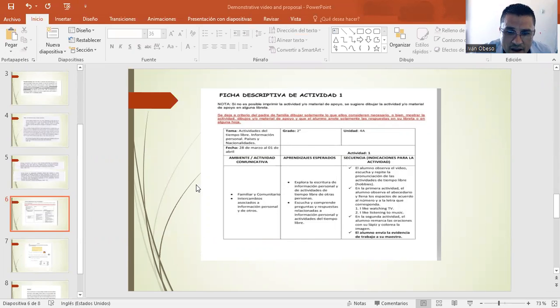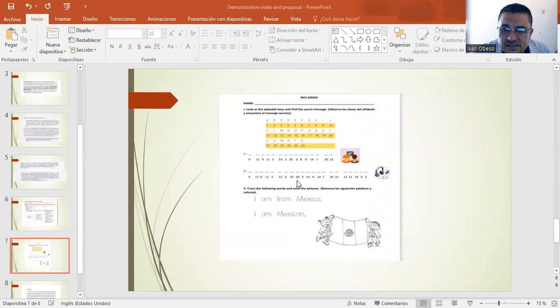Then I give them this sheet with the activity where they write their names, then they use the keywords to find some words. See? Like this is watching TV.